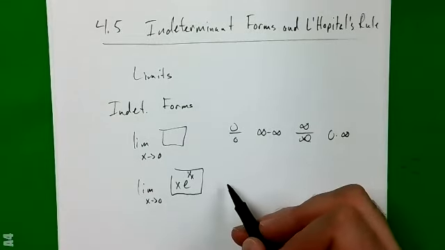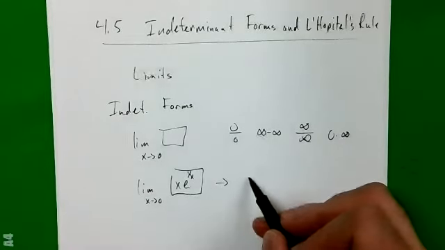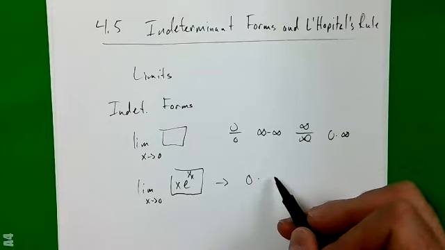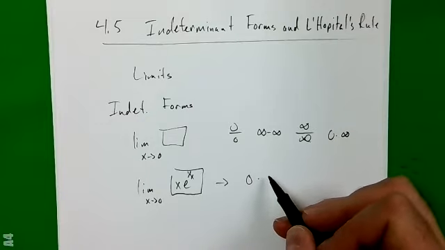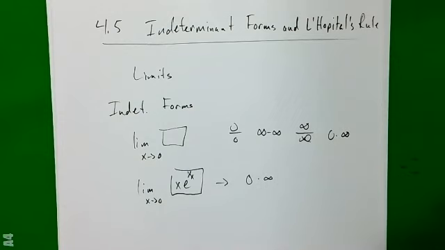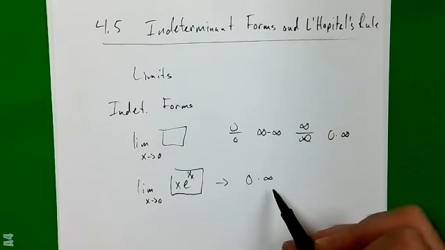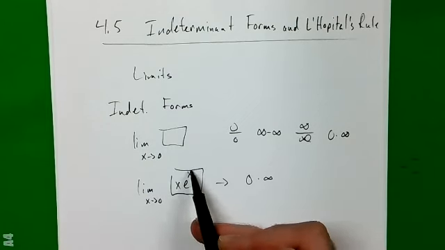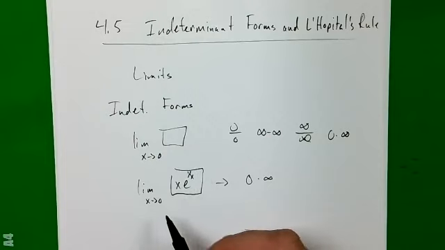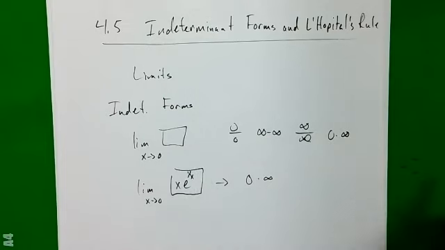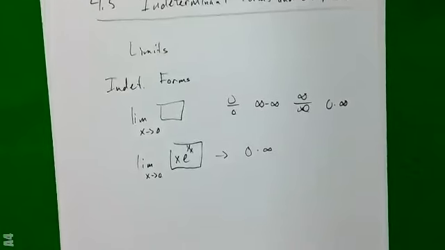So now as x goes to 0, that would be something like 0 times e to the 1 over x, which will be something like e to the infinity. So that'd be a 0 times infinity kind of a case. So we're not saying it's equal to 0 times infinity. We're describing how that limit doesn't have a nice form by saying it would be a 0 times infinity case.